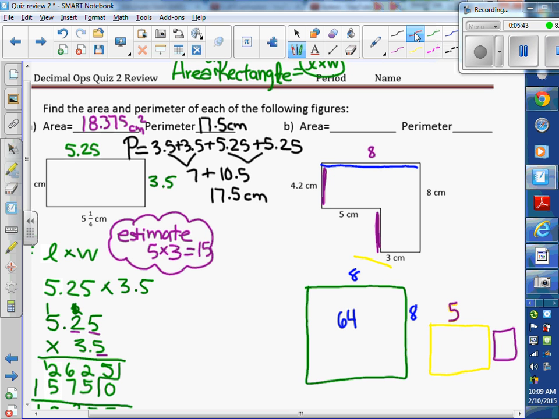But we do know together, this side, the missing side, plus 4.2 make 8 units. So we're going to say 8.0, take away 4.2, and we find that the missing side is 3.8 centimeters.